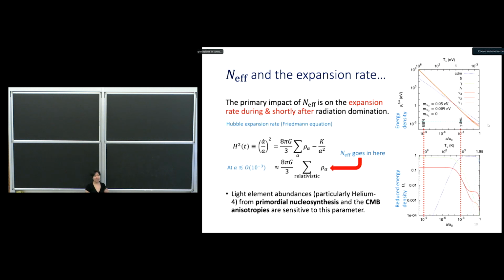And since the expansion rate, H squared, the Hubble rate squared, is directly proportional to the energy density of the stuff in the universe, what this means is that if you change the N effective, particularly if you do so in the early universe when radiation dominates, you can have a huge effect on H. Okay? And that's something that is observable. Okay? In particular, if you look at the light element abundances and the CMB, the changes that N effective induces to the Hubble expansion rate can be felt by these processes.